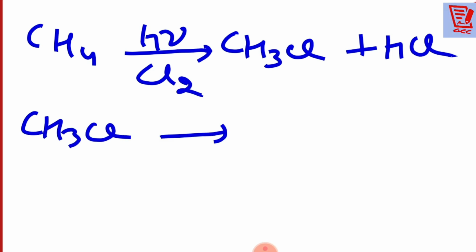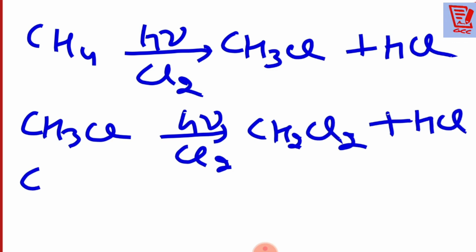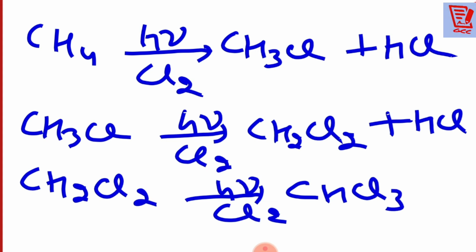Same way further we can do it. CH3Cl in the presence of sunlight, Cl2, will give CH2Cl2 plus HCl. Same way CH2Cl2 with h nu and Cl2 will give CHCl3 plus HCl. So we are replacing the hydrogen with Cl again and again.